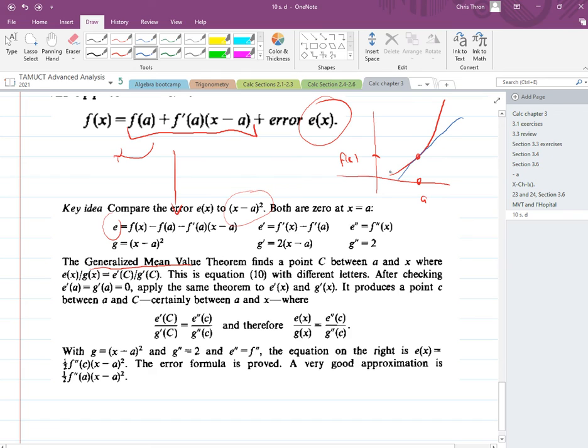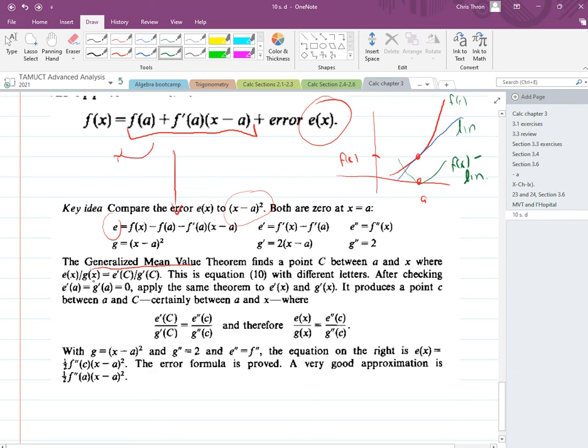And if you take the difference, you can kind of see it's going to be a quadratic something like this. So this one here is f of x, and this is the linear approximation, and this is f of x minus the linear approximation. All right, so that's what we're looking at. That's my e.